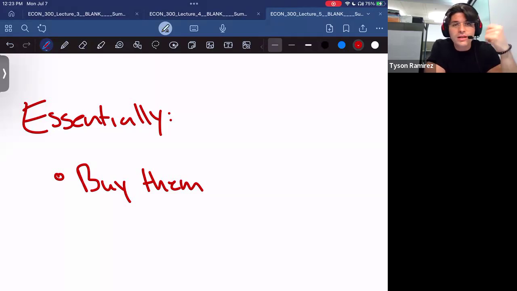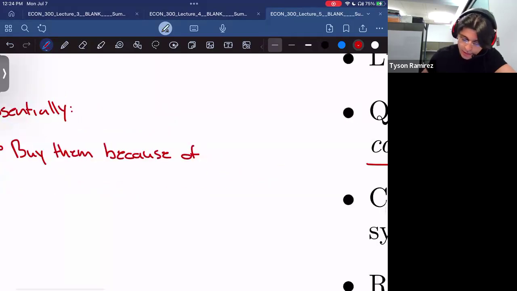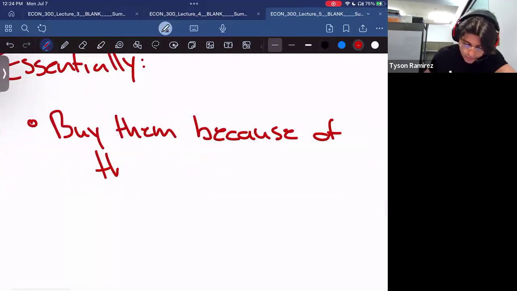Maybe even a Ford Mustang, something that's fast as well. But why would you opt for the Beamer? Why would you opt for the C-Class Benz? It's because there's a certain part of people that want to show others that they can afford things. They get some utility from the fact that others can see that they can afford nice things. So you buy them because of the status symbol.